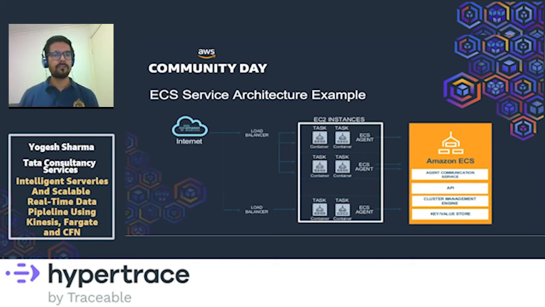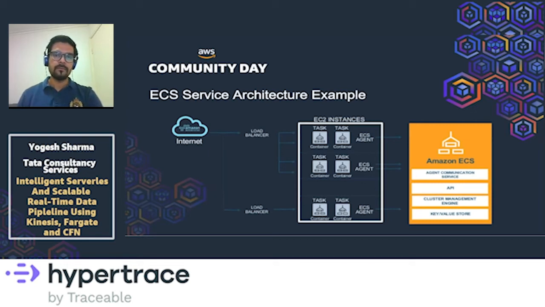We have ECS agents installed inside that EC2 instance that connect the container tasks to the ECS service, so that we can handle the auto scaling part and how we are going to deploy all these images onto the specific containers.